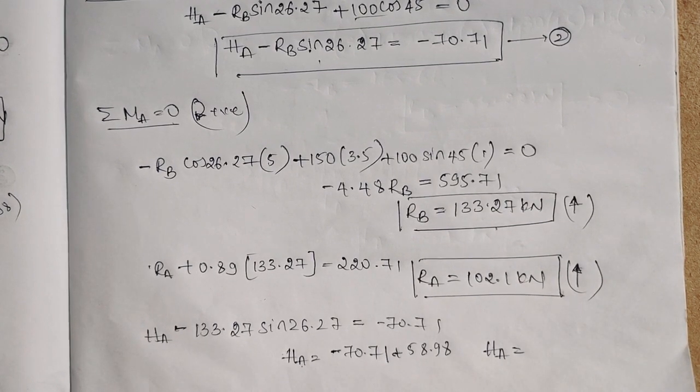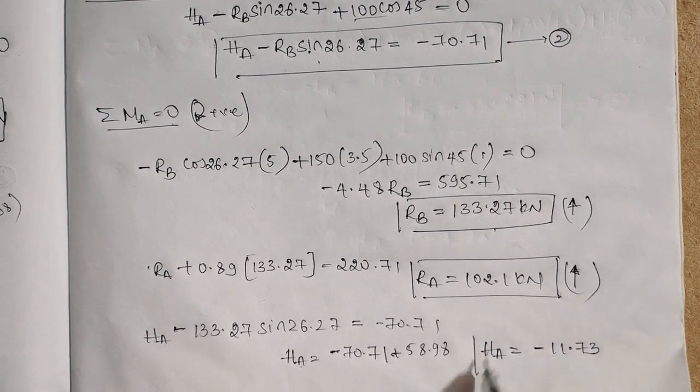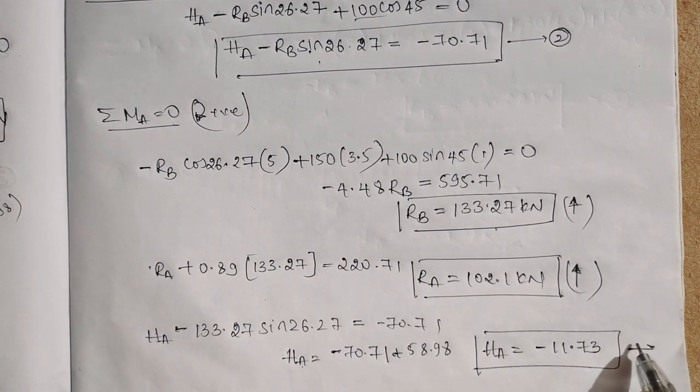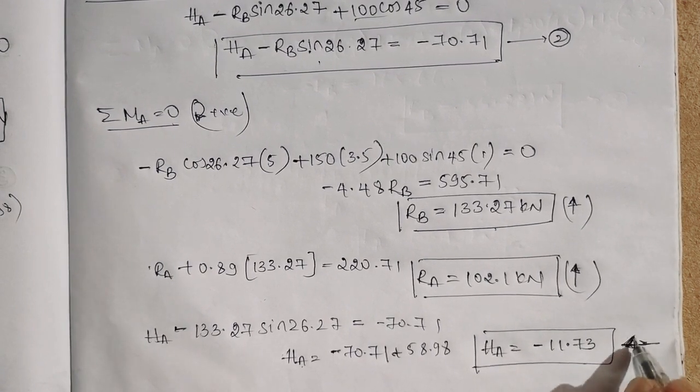So minus 70.71 plus 58.98 will be minus 11.73. So it is negative sign. We assumed it as this, but as this is negative sign, it will come like this.